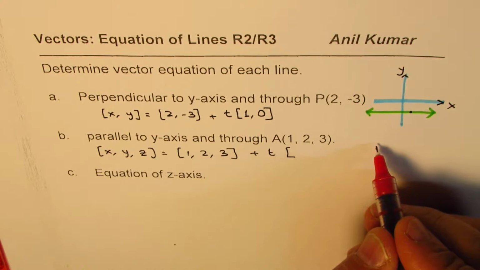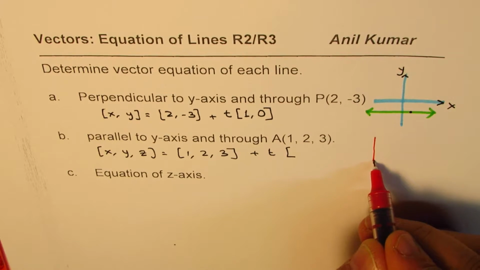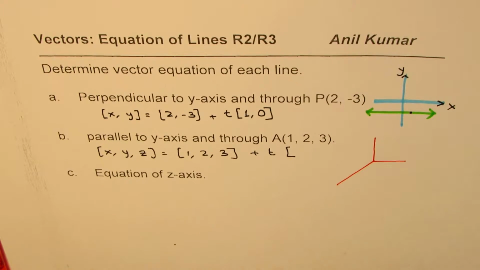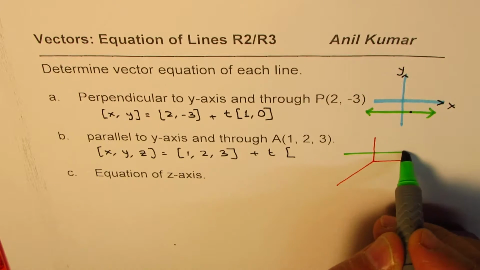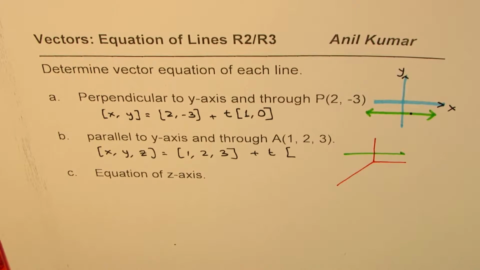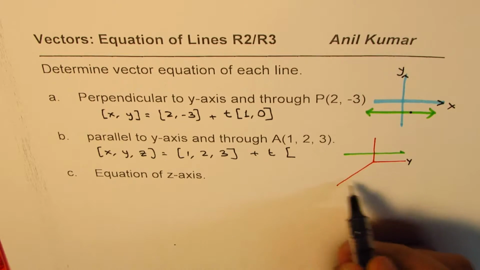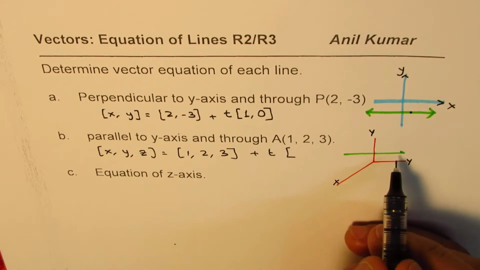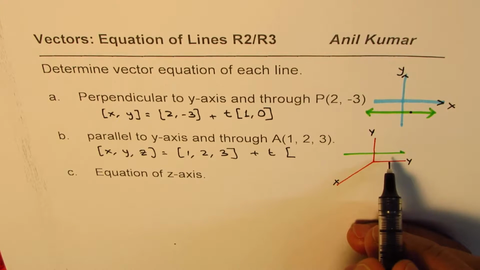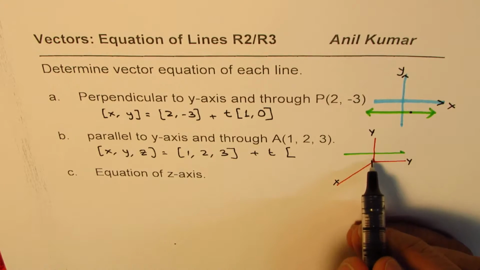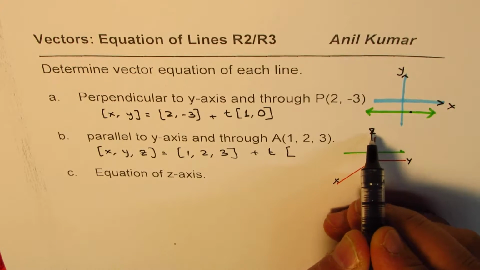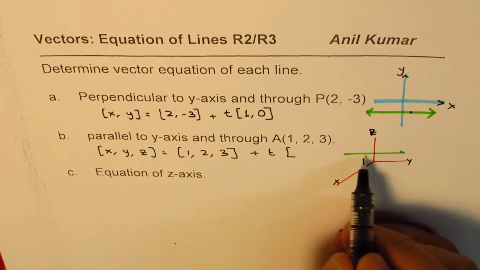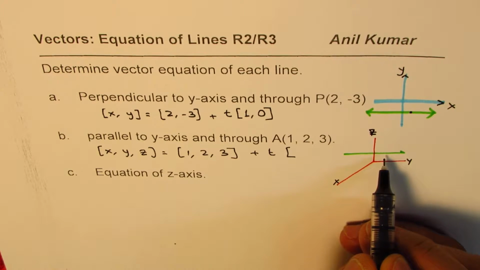Let me say R3 is kind of like this, right? So here we have a line which is parallel to the y-axis. This is the y-axis, right? That really means that the line does not move with respect to x and z. This is z, right? It moves along the y-axis. That's what it means.